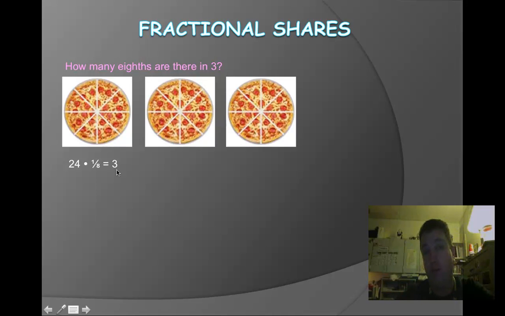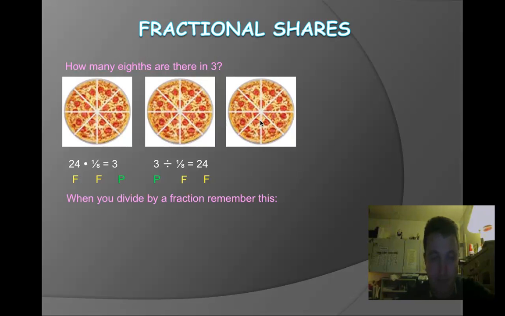Think about this as a division problem. 1/8 of 24. Divide 24 by 8, what do you get? You get 3. So 3 divided by 1/8, 3 pizzas divided into eighths, each one in 8 equal parts, gives me a total of these 24 parts. Factor, product, factor.